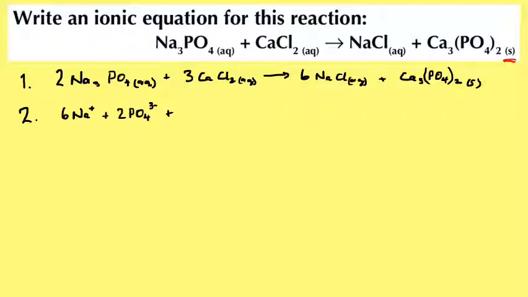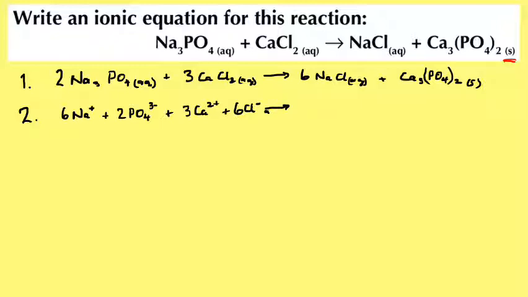Of course, we've got 3 of the calcium, and you'll remember calcium anyway, is calcium 2 plus ions. And we've got 3 times 2, which is 6 chloride ions, and you remember that chloride is the 1 minus ion.